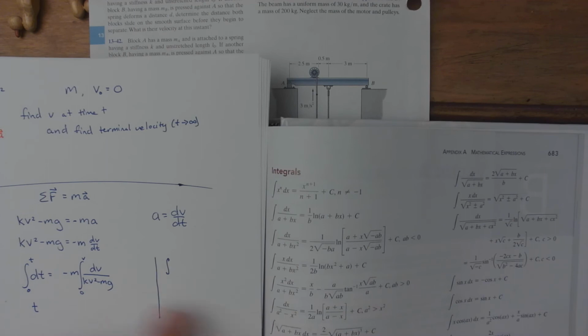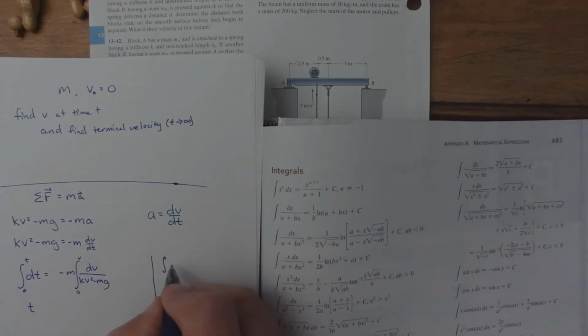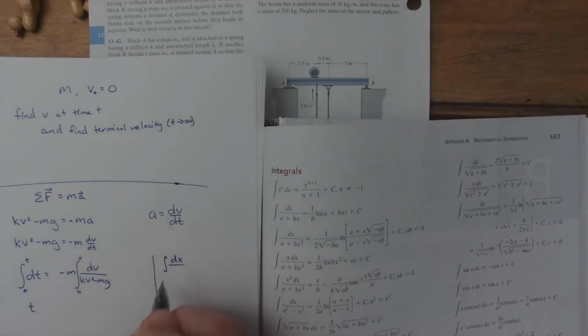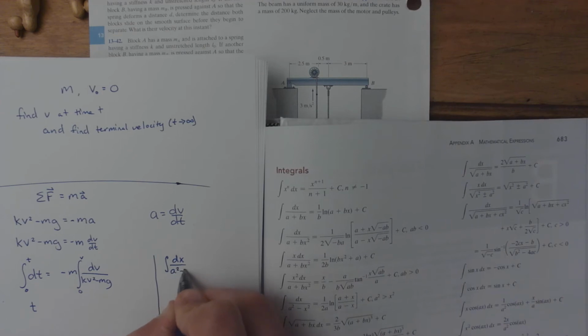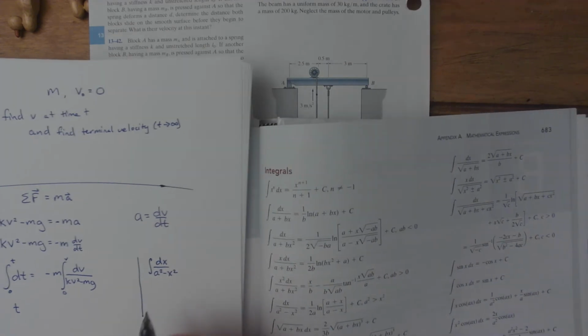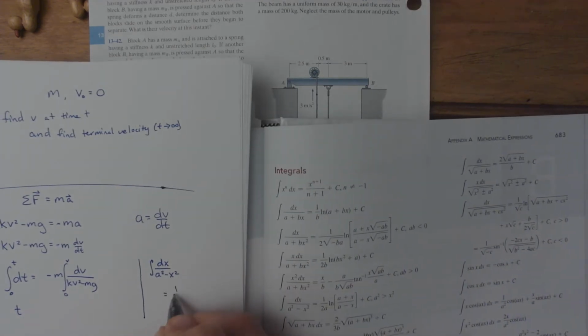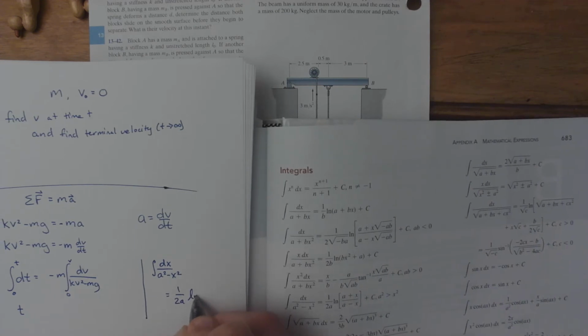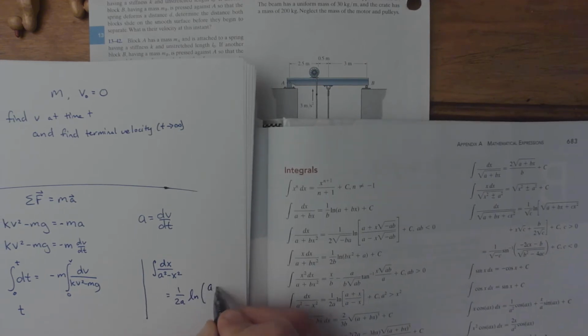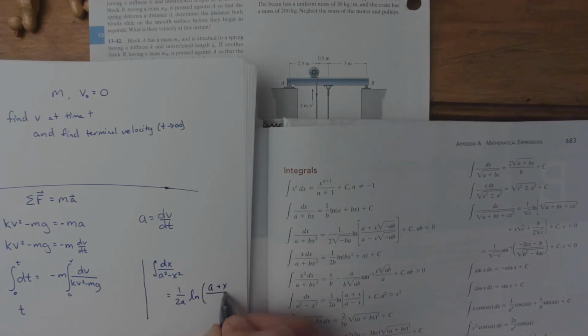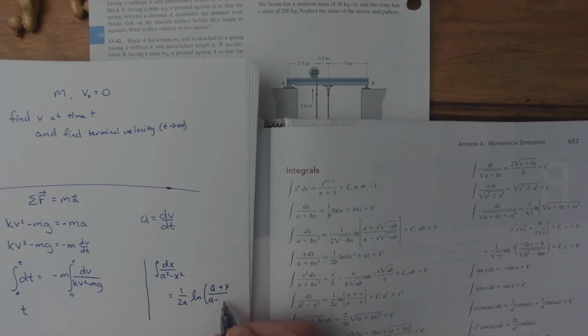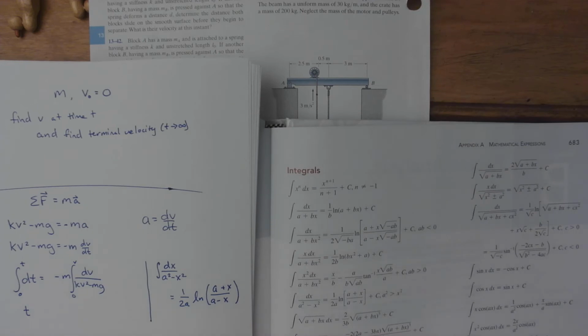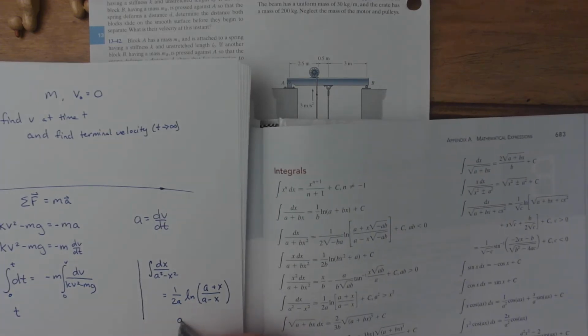I have to get my integral in this form in order to be able to do that, but let's just write this out first. It's dx over a squared minus x squared, and that is equal to 1 over 2a times the natural log of a plus x over a minus x, where a squared is greater than x squared. Let's just write that down.